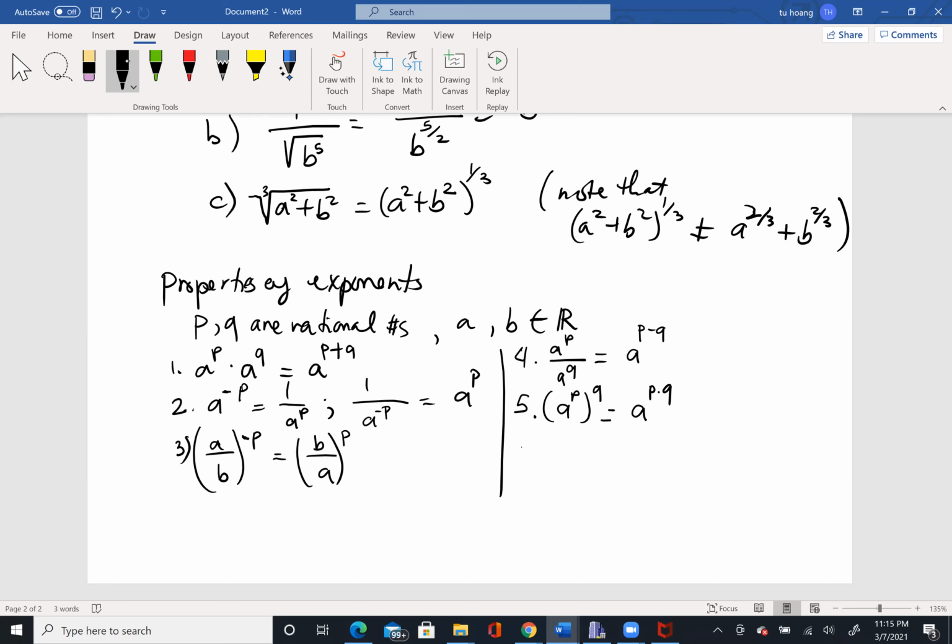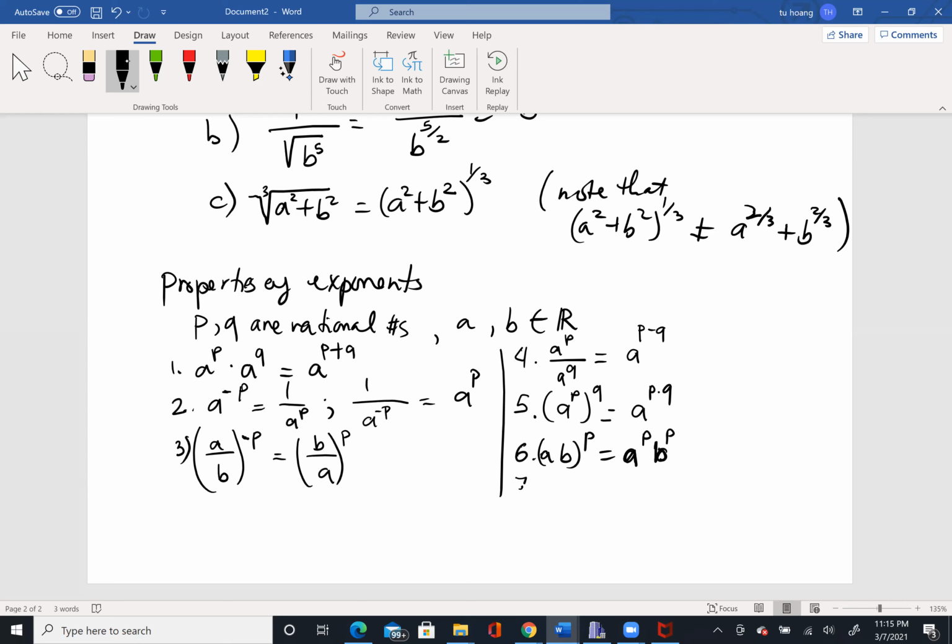And then number 6, A times B, everything to the power P, will be equal to A to the power P times B to the power P. And this is called the power rule for products.